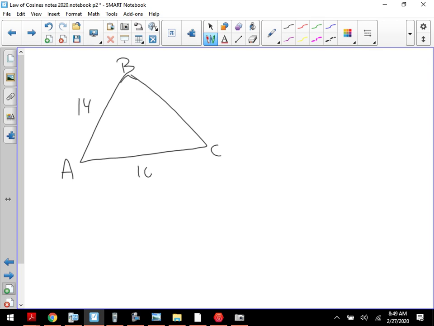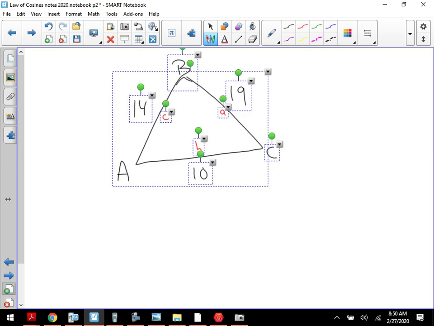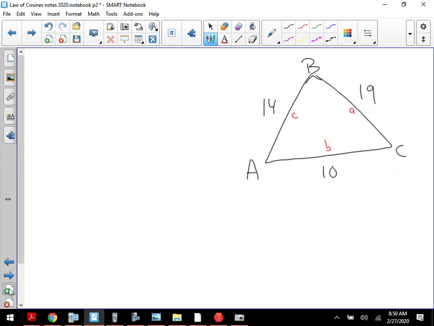14, 10, 19. Okay. Now, in this scenario, we need to find the largest angle first. Whenever you have law of cosines and you don't have an angle, you only have sides, you always use the largest angle first, which means I've got to find A. So again, just like we did earlier, we write out our formula in terms of A. A squared is B squared plus C squared minus 2BC cosine A. All right.